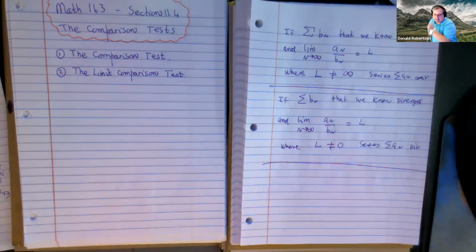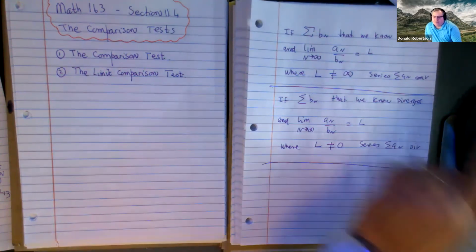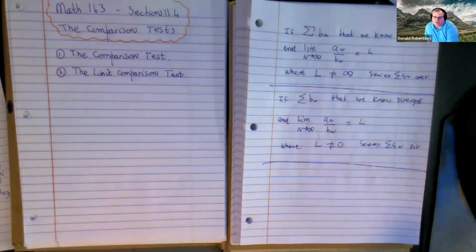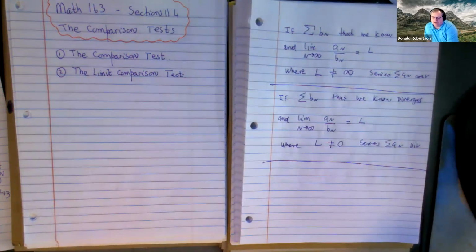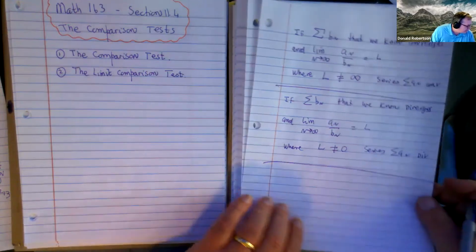Okay, that's the test. There are two versions. The top one is what you would use if you're trying to prove something converges, and the one underneath it is the version of the test you use when you want to prove that it diverges.